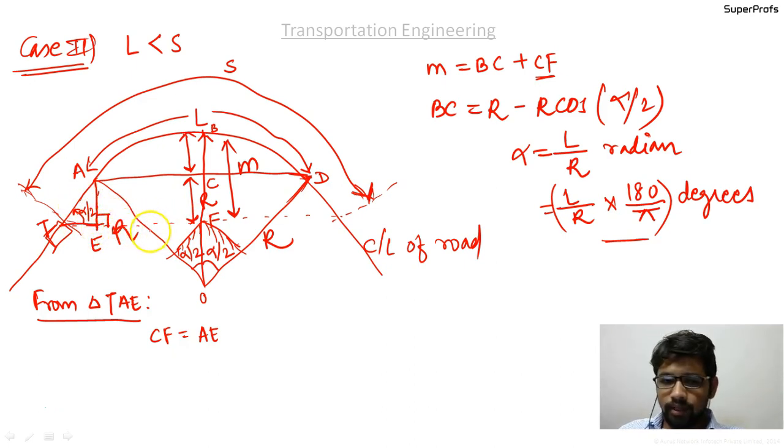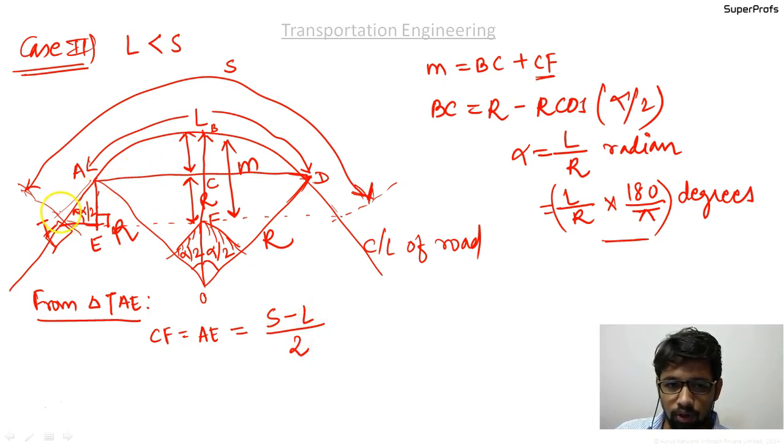So from triangle TAE, CF equal to AE. This is length S minus L, which stands for this distance and this distance. But we want only the distance on one side, therefore S minus L by 2.